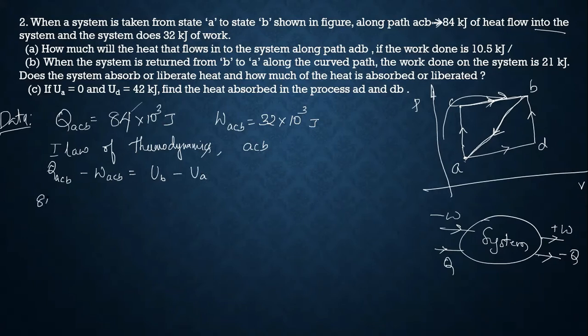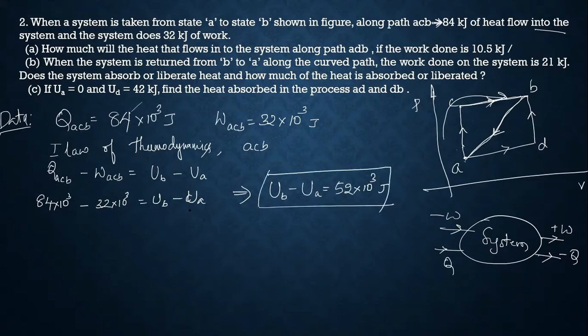QACB is 84 into 10 to the power of 3, minus WACB, which is positive 32 into 10 to the power of 3. Therefore, UB minus UA, the change in internal energy, is 52 into 10 to the power of 3 joules. UB minus UA is got.